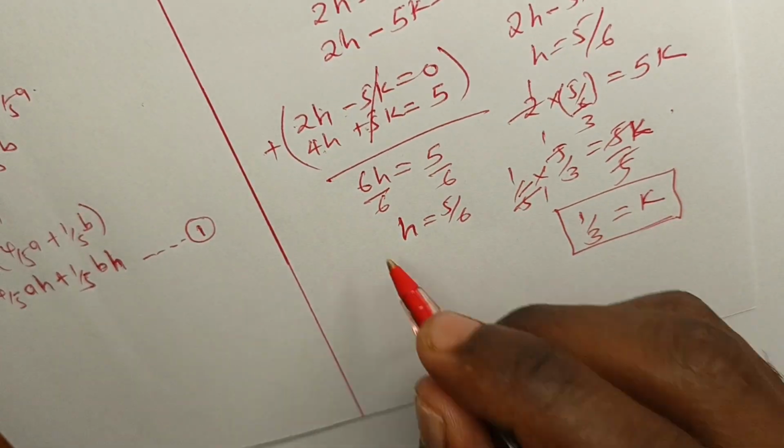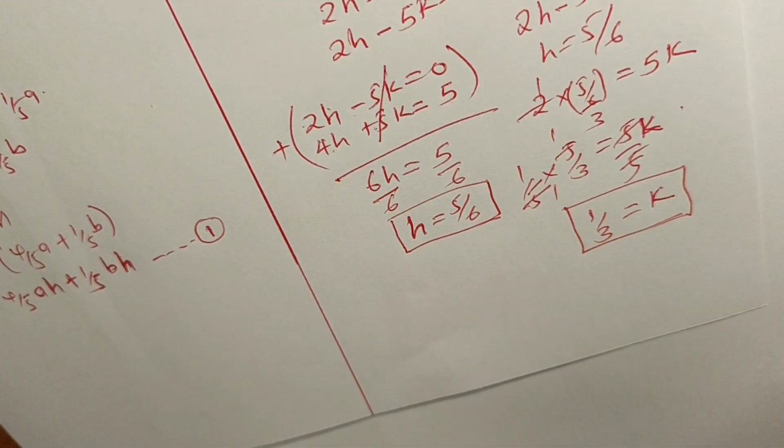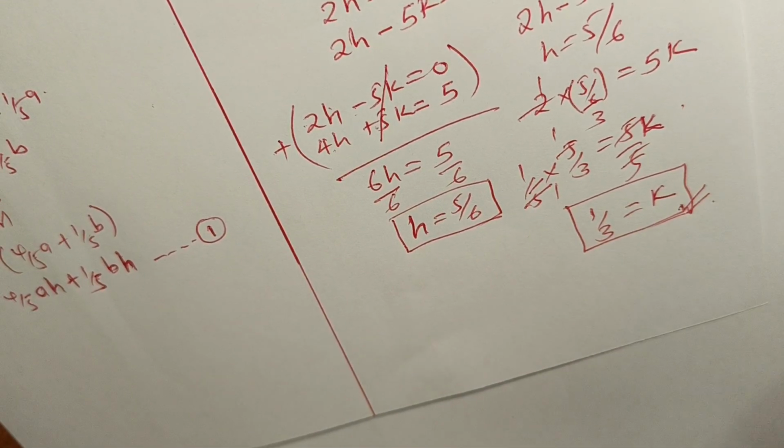So the value of h is 5 over 6, and the value of k is 1 over 3. Thank you.